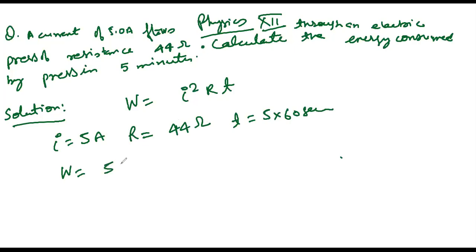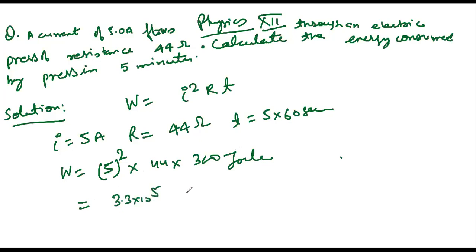So substitute the value: 5 square into 44 into 300. The unit of work done is joule. Multiply now: 3.3 into 10 to the power 5 joule.